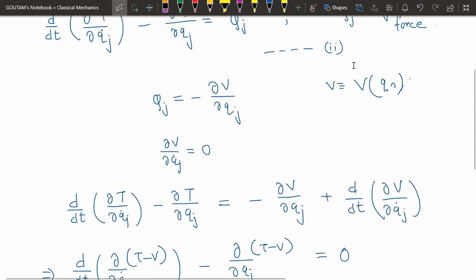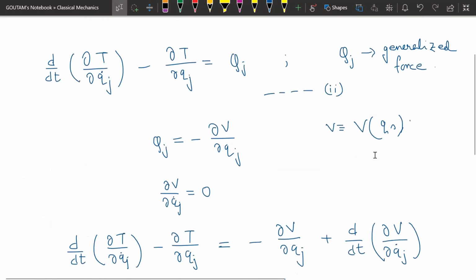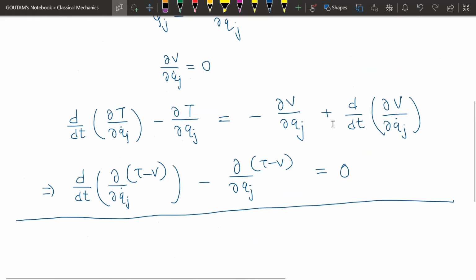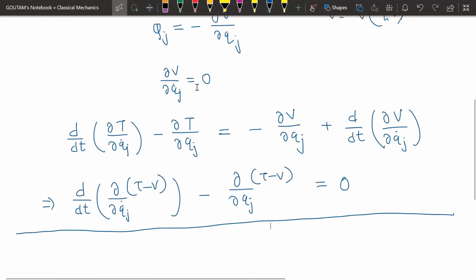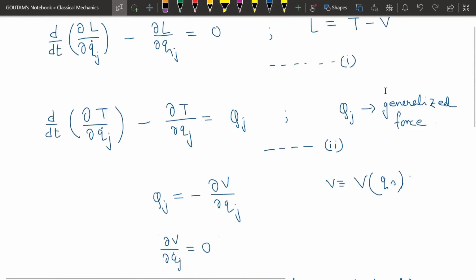Now the question is: is it necessary to assume that V is velocity independent, that V doesn't depend on q̇_j? Can we treat potentials which are dependent on q̇_j in this framework of Lagrangian?